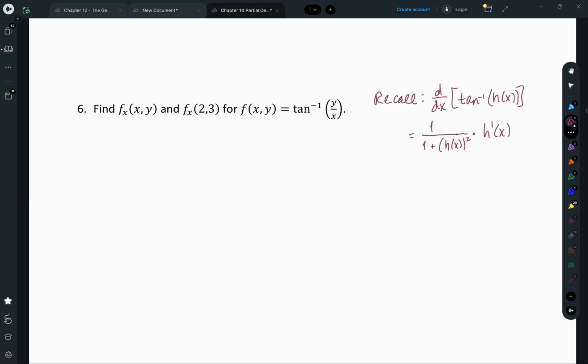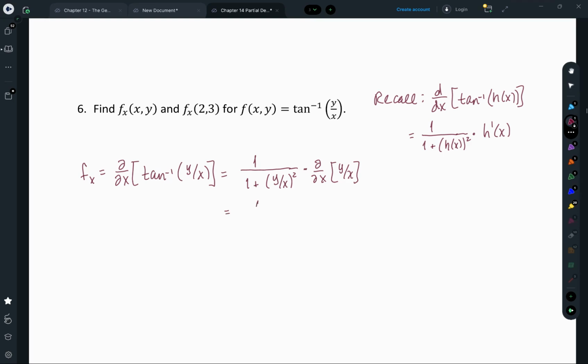All right, so we're looking for f sub x. F sub x means we're going to take del x of tan inverse of y over x. All right, according to Calc 1 rules, this should be 1 over 1 plus, in parentheses, y over x all squared times del x of y over x. Okay, let's go ahead and rewrite this and take our derivative.